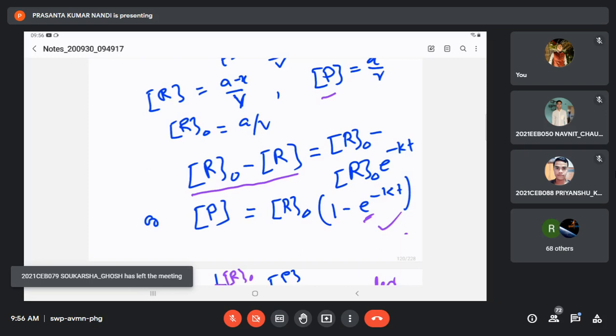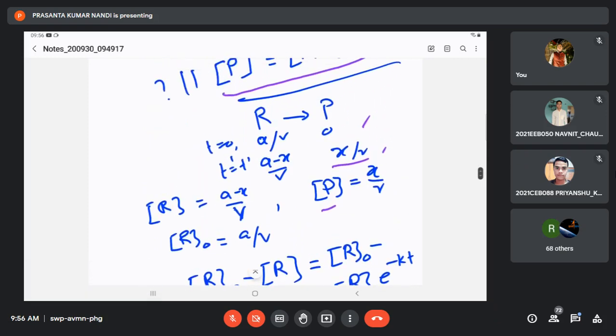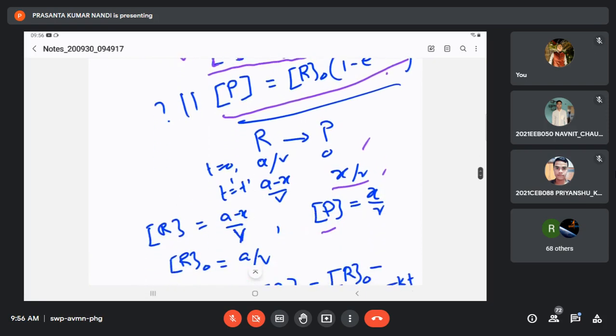For first order reactions, it is considered that we ignore the backward reaction. Second, the reaction is carried out in a closed vessel, so there is no question of any reactant or product leaking out. Whatever reactant transforms to product, we can strictly maintain the conservation of mass.